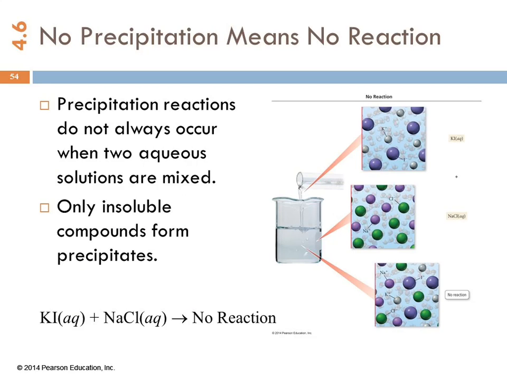So precipitation reactions do not always occur when 2 aqueous solutions are mixed, only if the new combination of ions forms an insoluble compound. So here's an example, potassium iodide, sodium chloride. Well, what are the new possibilities? Potassium came in with iodide. He could leave with the other one, right?